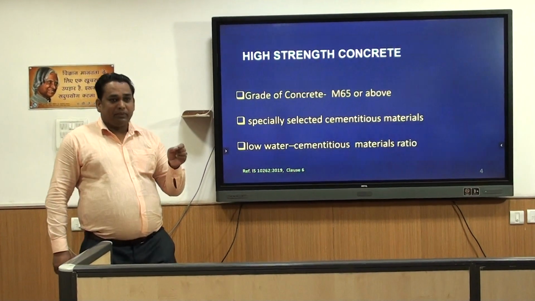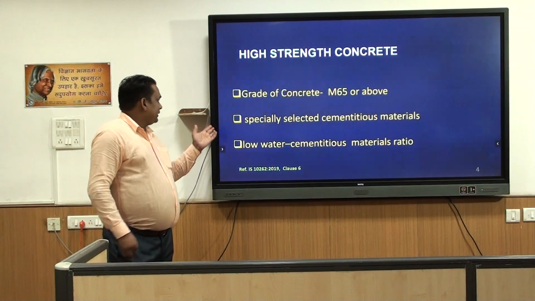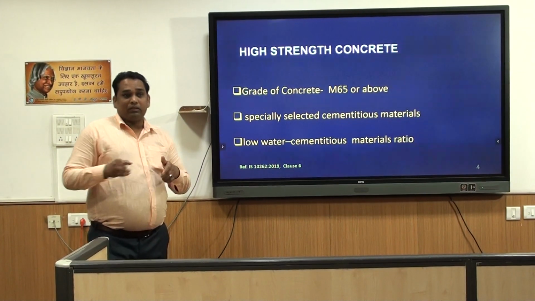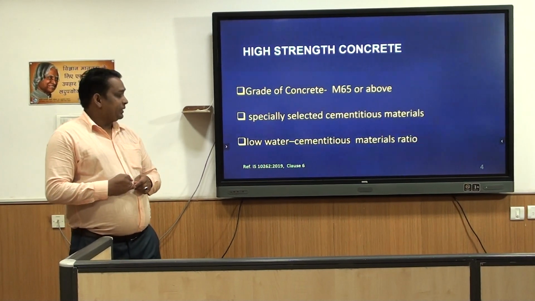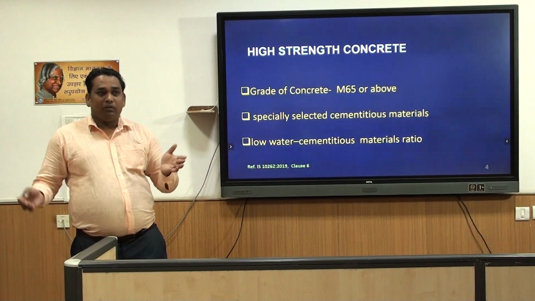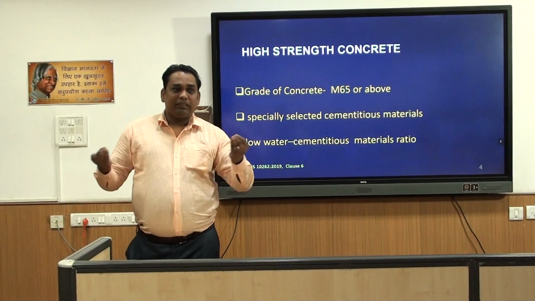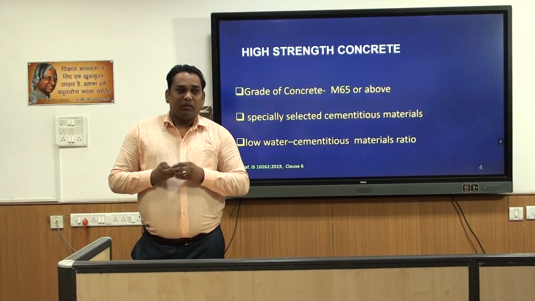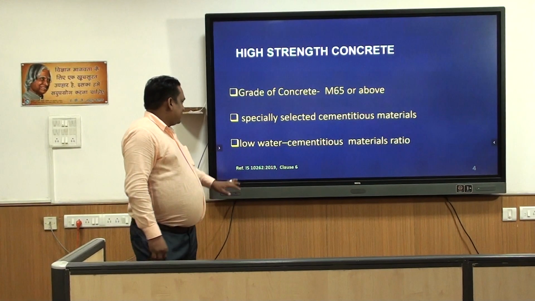Then GGBS, ground granulated blast furnace slag. Many researchers are working on these topics, so that if we construct bridges, the span of the bridge between two columns can be increased if we use high strength concrete.